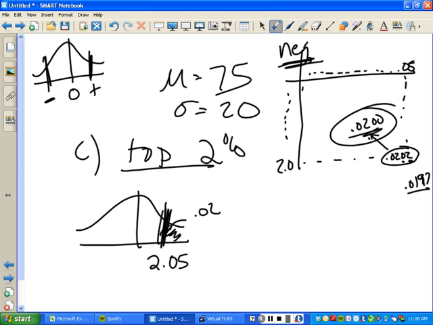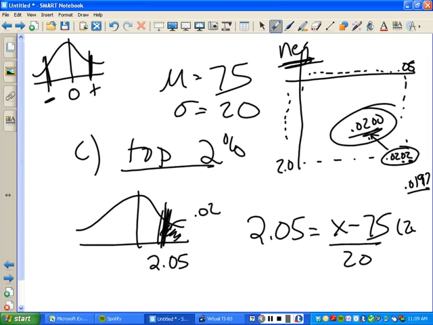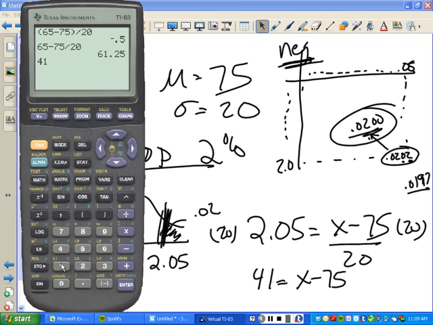Okay. So what you're going to have to do is 2.05 equals x minus 75 divided by 20. Now how are you going to solve? Multiply both sides by 20. So this is 41, am I right? x minus 75 equals 41.